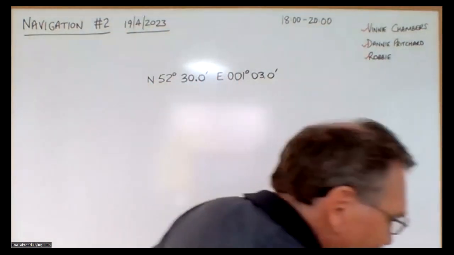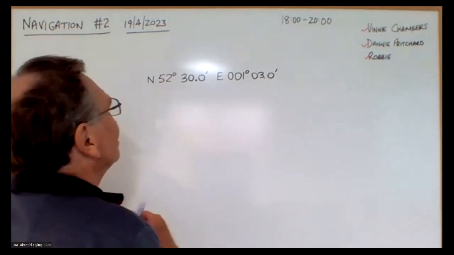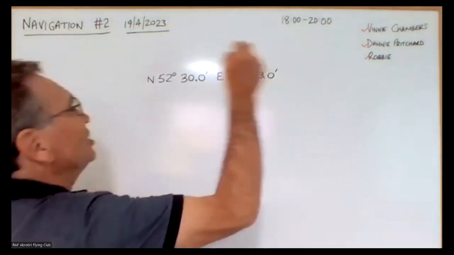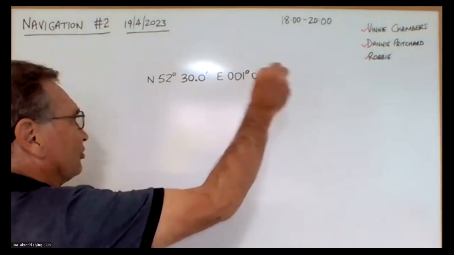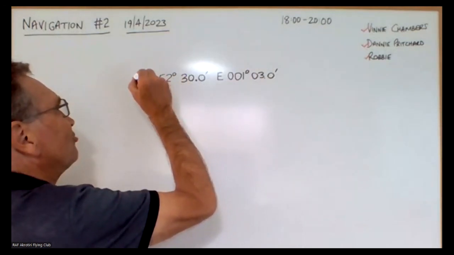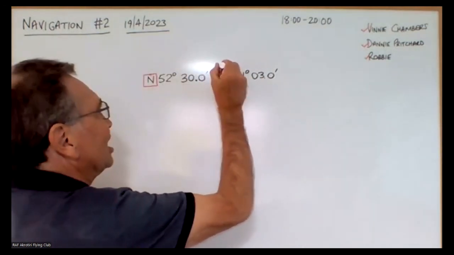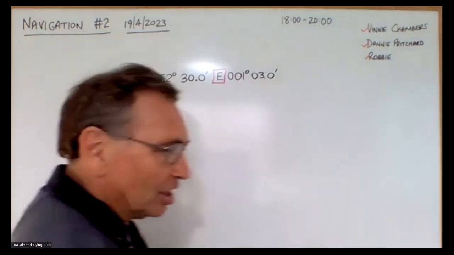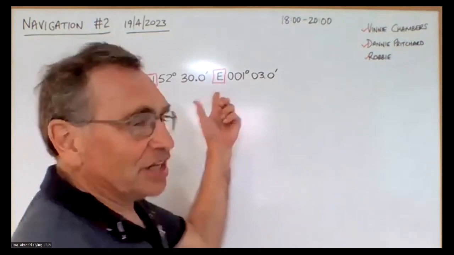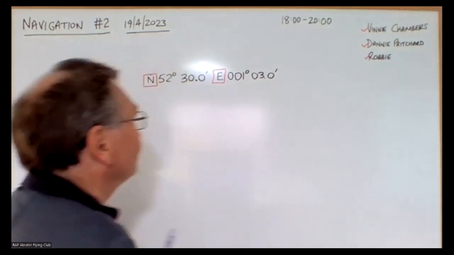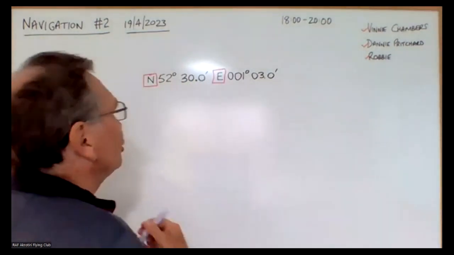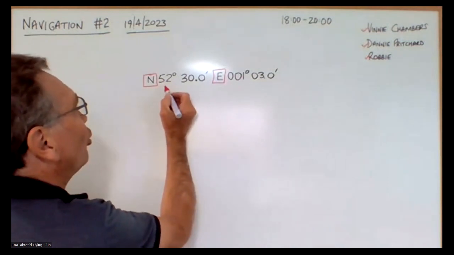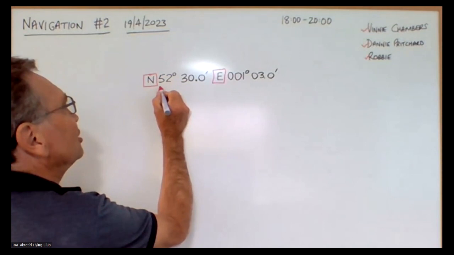So a couple of things to notice here is that obviously it's always in that sequence. You'll notice I put north and east. So there should always be a north or a south and an east or a west. You'll notice that the bit that goes north or south is 2 digits.